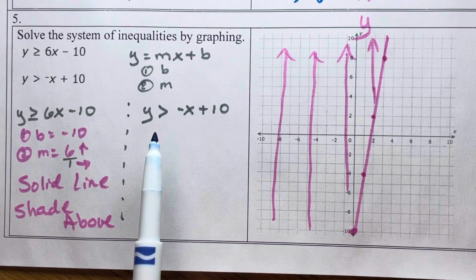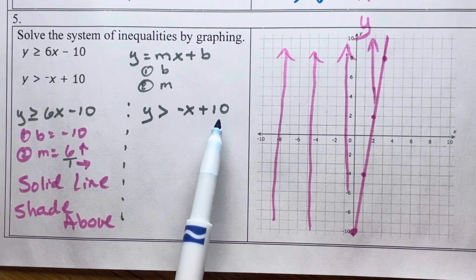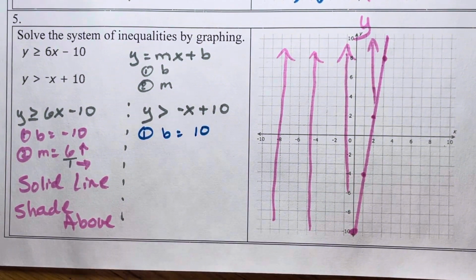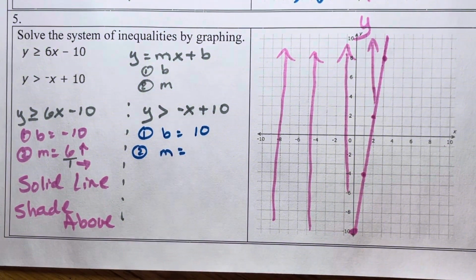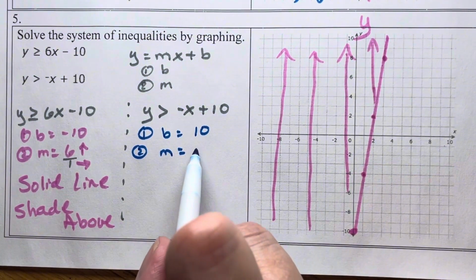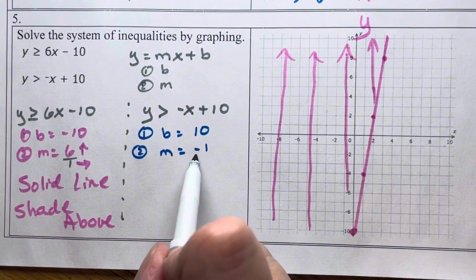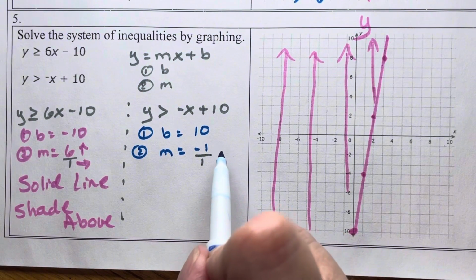Let's look at our second inequality. y is greater than -x plus 10. So our y-intercept is +10, and our slope, because there's only a negative in front of the x, is that of -1. Because we need a rise and a run for our slope, we've got a fraction by placing a 1 underneath of it.